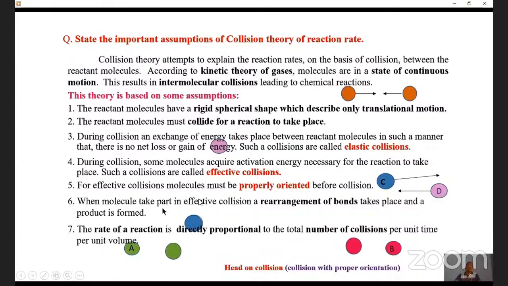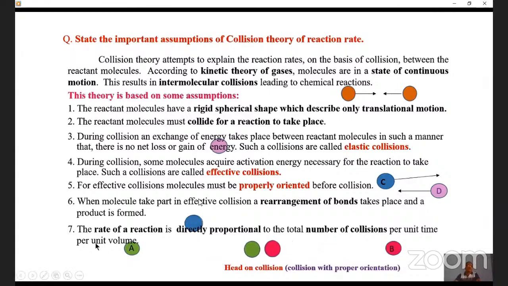Now the next assumption is that when molecules take part in an effective collision, a rearrangement of bonds takes place and the product is formed.